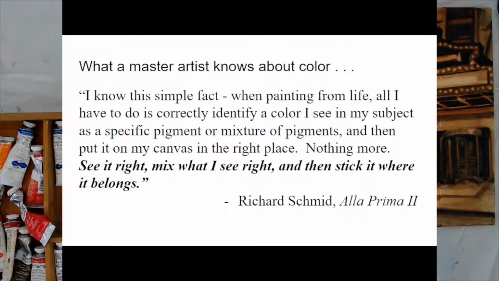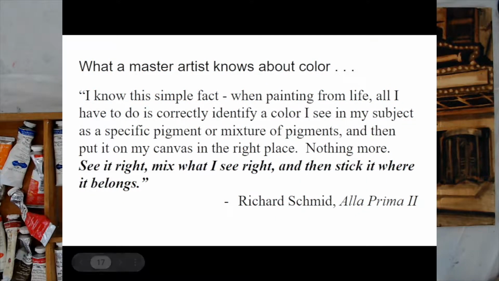Now, Richard Schmid, who wrote Alla Prima 2, which is one of the books on my recommendation list, he actually passed away in the last year. He was one of the modern masters of painting. He wrote this book, Alla Prima 2, which I consider to be like one of the Bibles of painting.